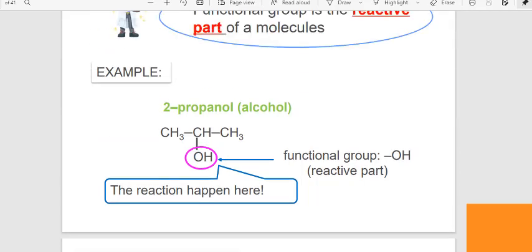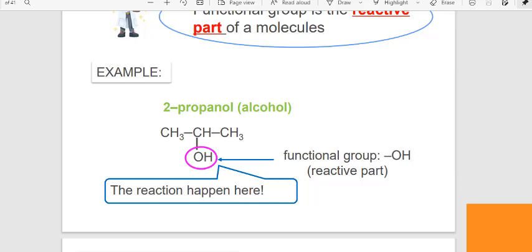Actually the functional group will determine the compound. So as you know, we have alkane, alcohol, what else? Carboxylic acid. So these are the class of compound that normally you can find in your daily life.